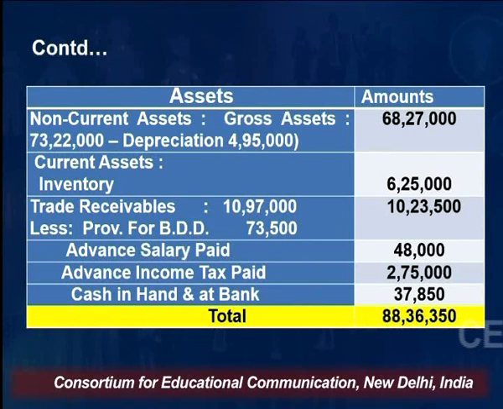Before starting the preparation of the statement of cash flow, I am aware that the sum total of cash flow from different activities must equal 37,850. The beauty of this topic is that I know the answer at the very outset: my statement of cash flow should automatically come to 37,850, which is nothing but my closing balance of cash and cash equivalents.